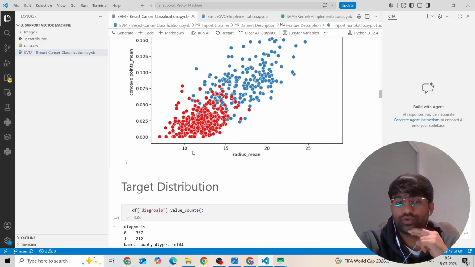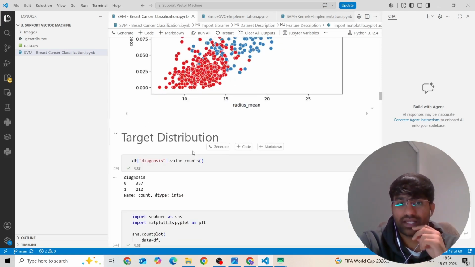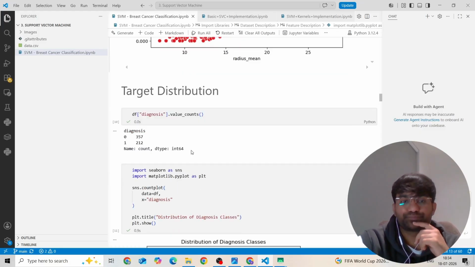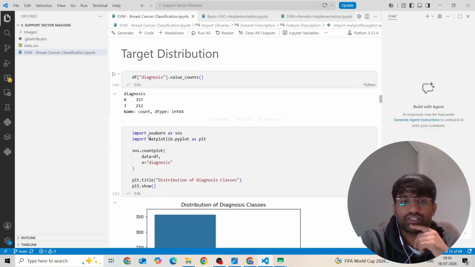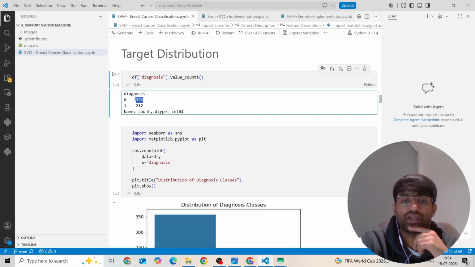You have to go through the logistic regression video and check how to handle imbalanced data if there is imbalanced data. So if I check the distribution, for non-cancer we have 357 data points, and for cancer we have 212 data points.